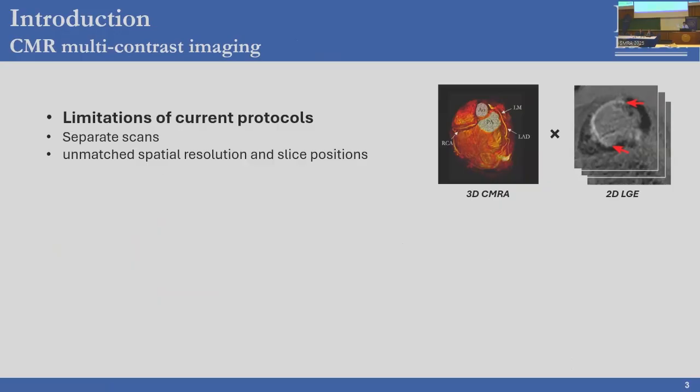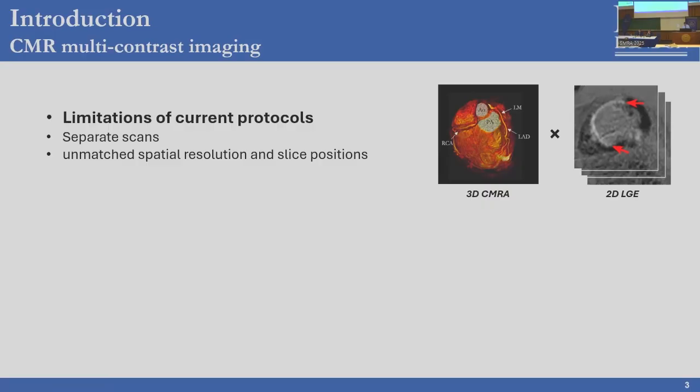Firstly, the CMRA and LGE are usually acquired with separate scans, which is a complex and time-consuming process. Furthermore, the CMRA and LGE is usually acquired with unmatched spatial resolution and slice positions. For example, CMRA is usually acquired with 3D high-resolution imaging, while the LGE is performed with 2D imaging with a relatively lower spatial resolution.